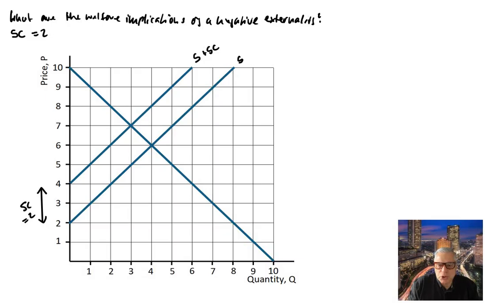So in the social optimum, the intersection between demand and all cost, so the reservation price should include not only the private cost, the cost to cover the operational expenses, but also the cost to society. So that means that our true price should be 7 and the true quantity should only be 3. So that is the social optimum. And this is now our reference case.